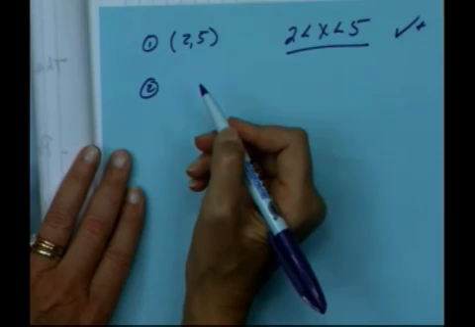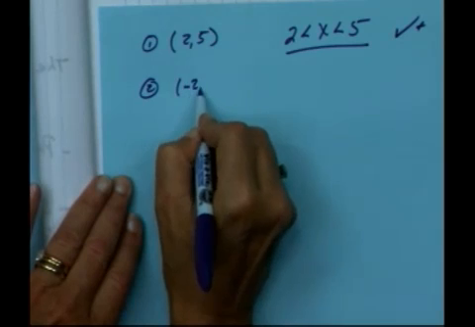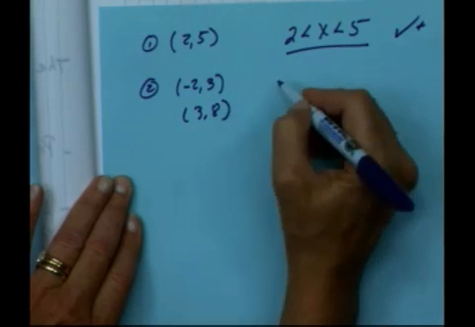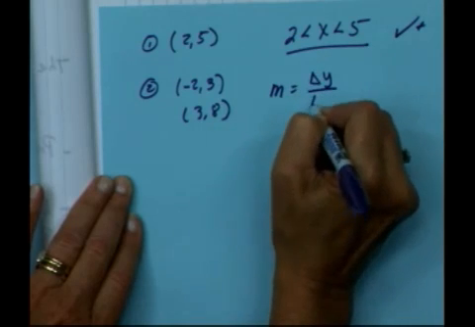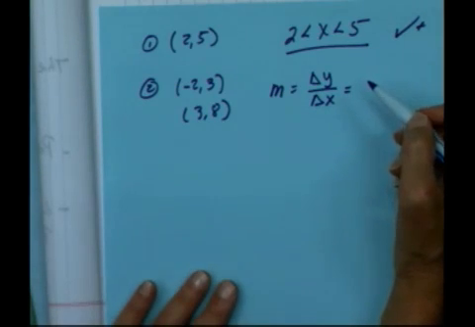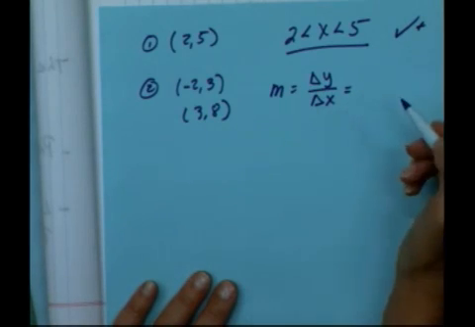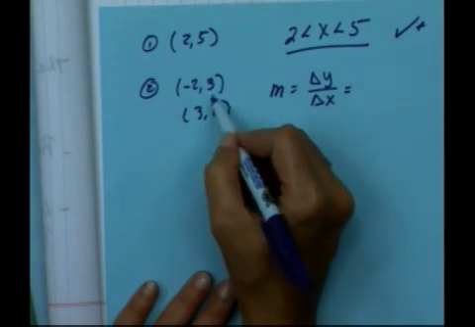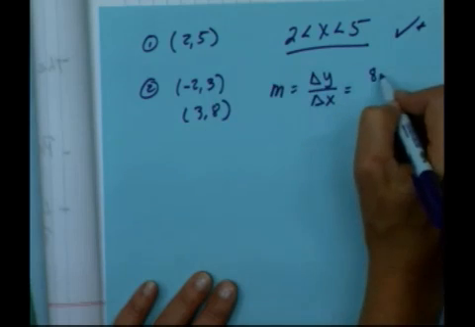It says, find the slope of the line containing the points (-2, 3) and (3, 8). What's your formula for slope? Change in y over change in x. Okay, so give me your steps so I'll write it down. The difference in the y's is 8 minus 3.